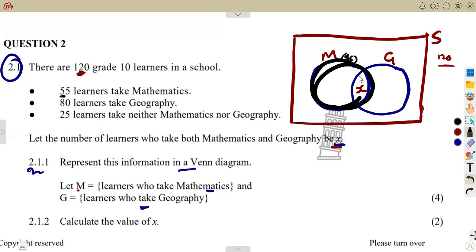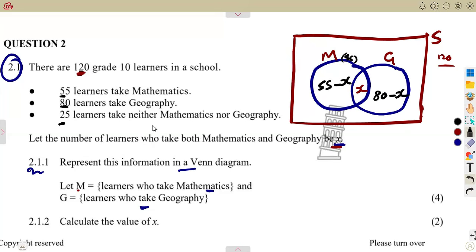So what about maths only, this part? It's going to be 55 minus X. What about geography only? If there are 80 for geography, it is going to be 80 minus X.